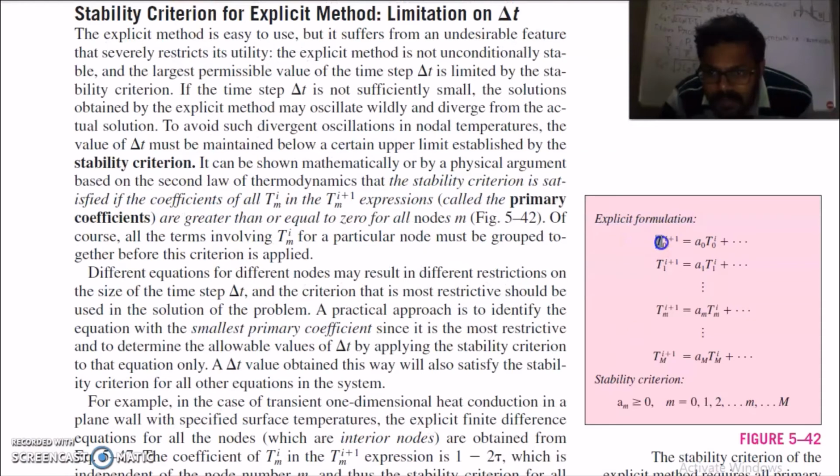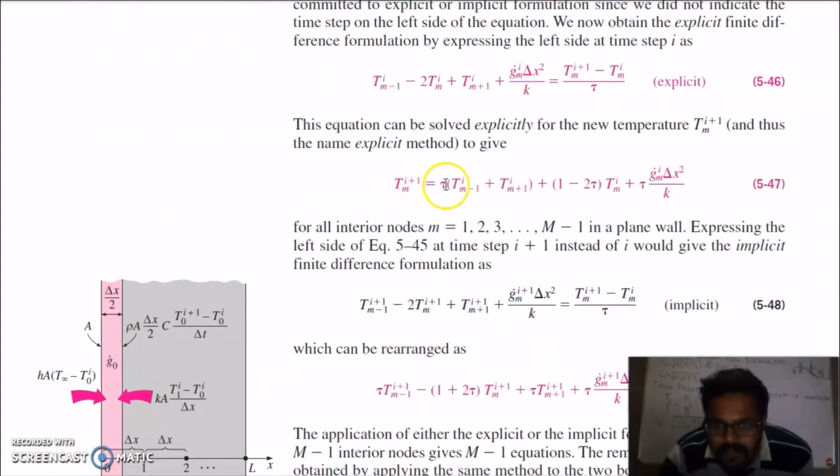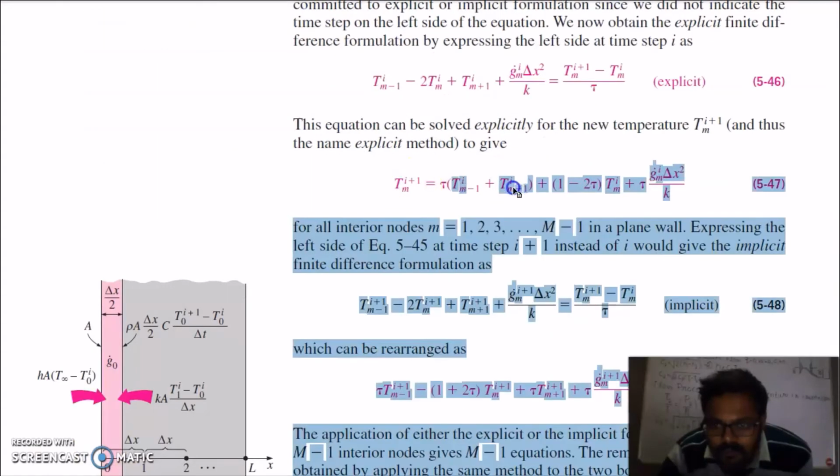This is the temperature at node 0 at time I plus 1, which is equal to A0 times the temperature at node 0 at the previous time, that is I. And if you replace 0 by 1, you will move to the second node, third node, fourth node, and so on. You will get A1, Am. The criteria is that Am should always be greater than or equal to 0. So this is your explicit formulation here, 547.